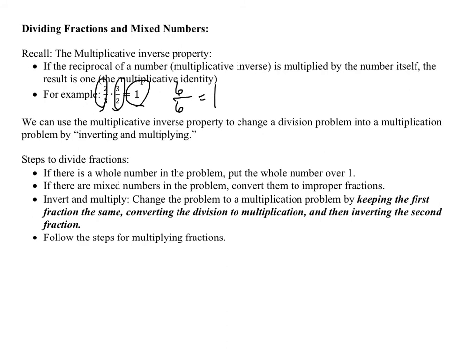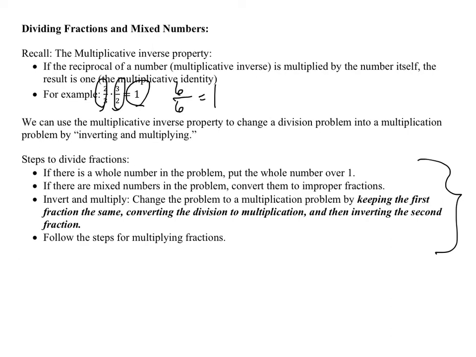So all we have to do is follow these steps. Okay, I'm just going to outline them. If it's a whole number, put it over 1. If there's mixed numbers, change them to improper. Then we're going to change the problem to an invert and multiply problem.